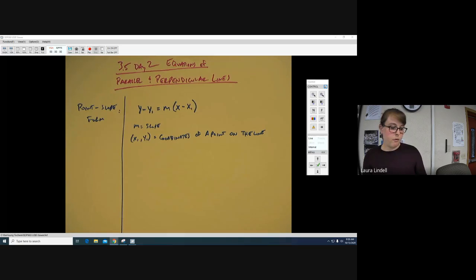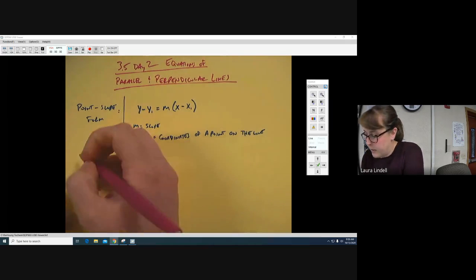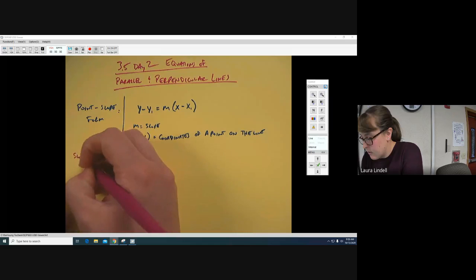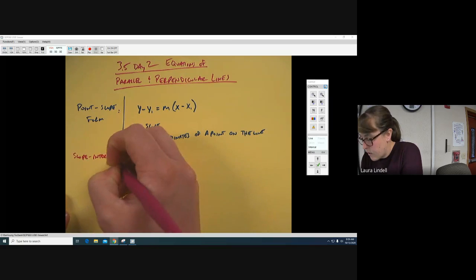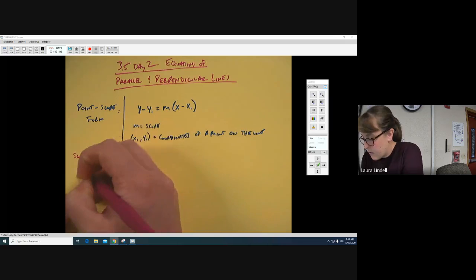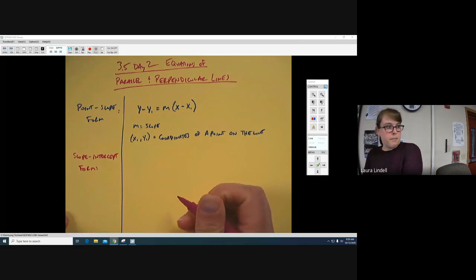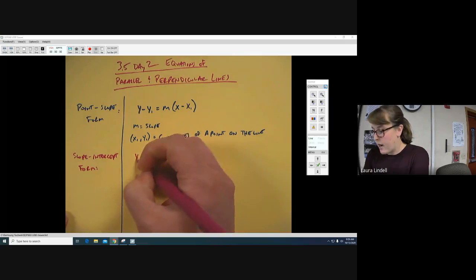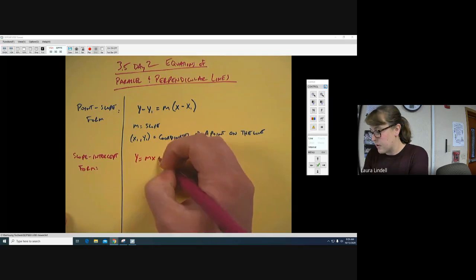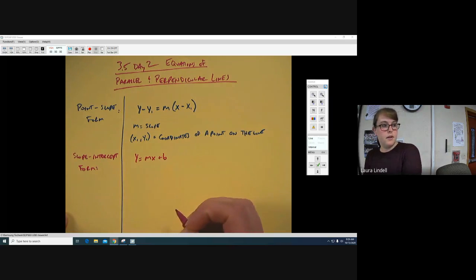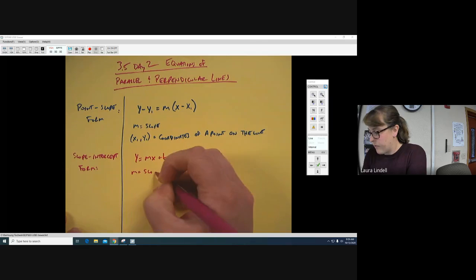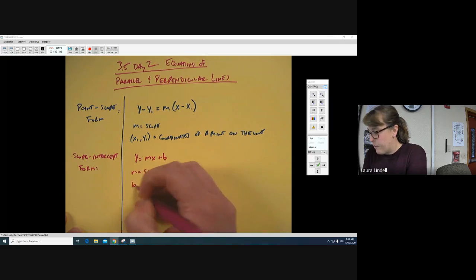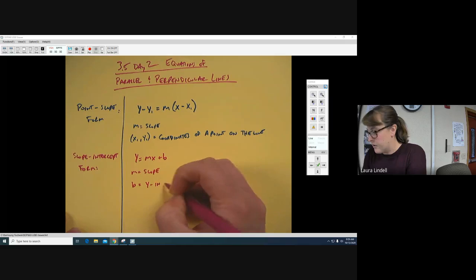The other form that we have is called slope-intercept. So slope-intercept form, most of us have probably heard of y equals mx plus b, where m is still the slope and b is that y-intercept.